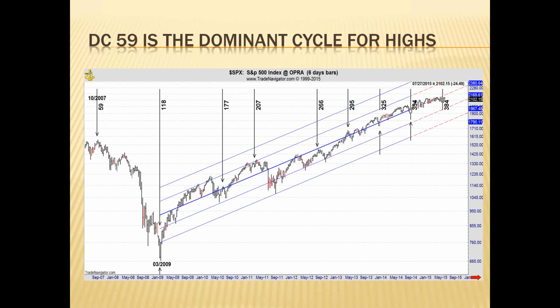But you can see here, right at the left-hand edge of the chart, that's October 2007. That's the high before the crash that led to the global financial crisis. That was not global, and it certainly wasn't a financial crisis.